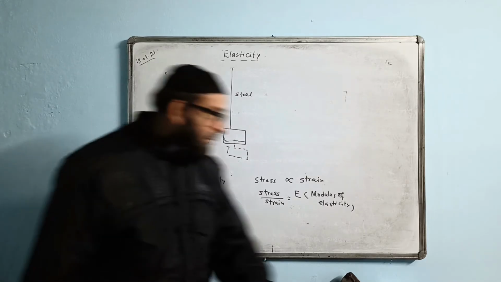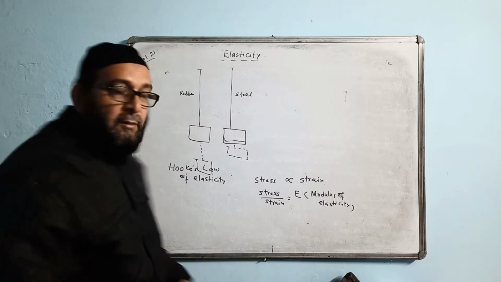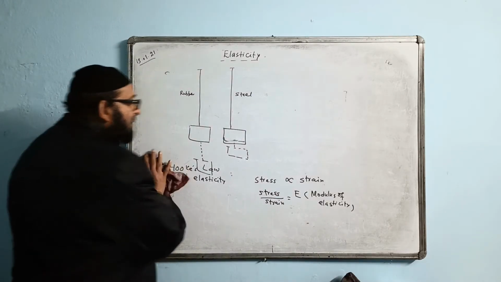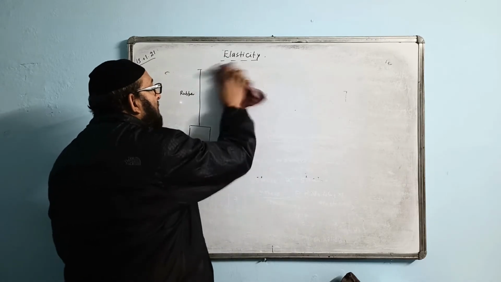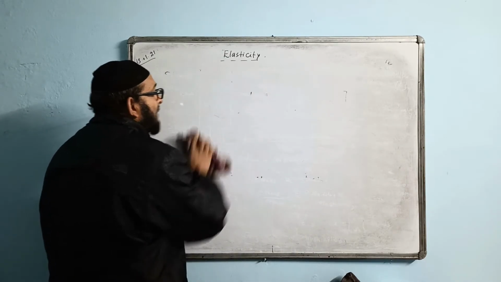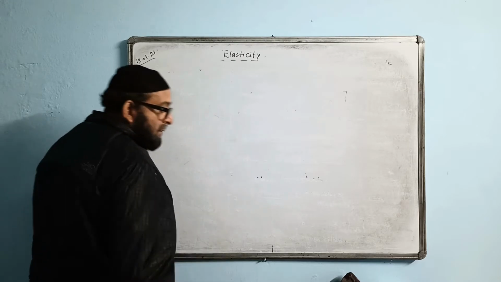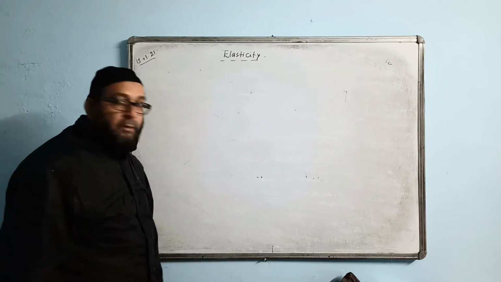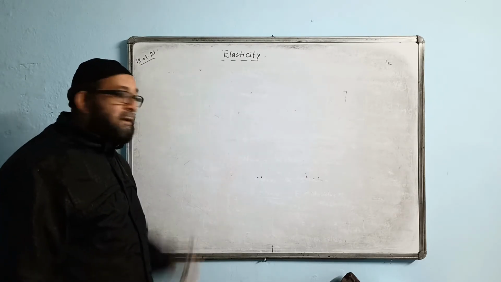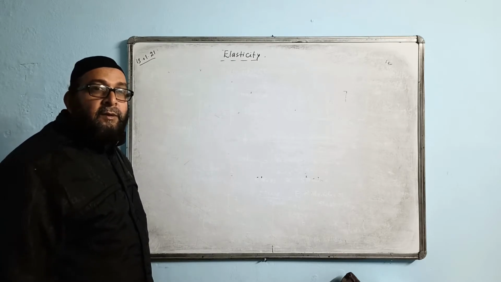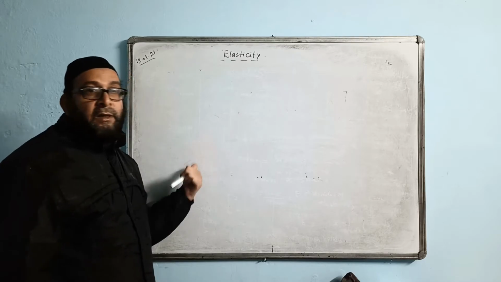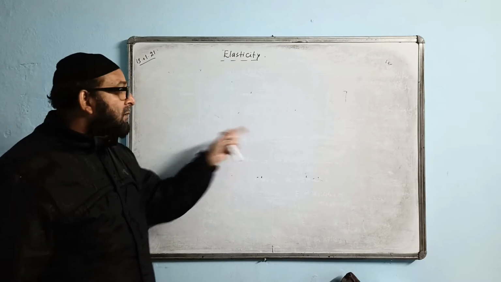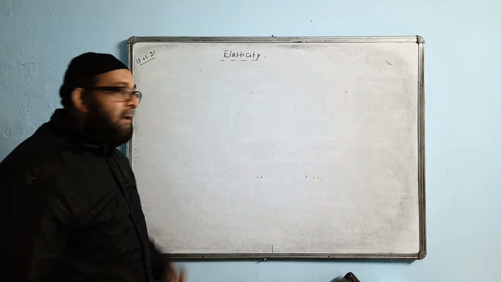So on this basis, we will give the answer. Instead of giving the general answer, saying that steel regains its original shape more accurately than the rubber, we say that for the same stress, strain is more in case of rubber, so it is less elastic, and strain is less in steel, so it is more elastic.